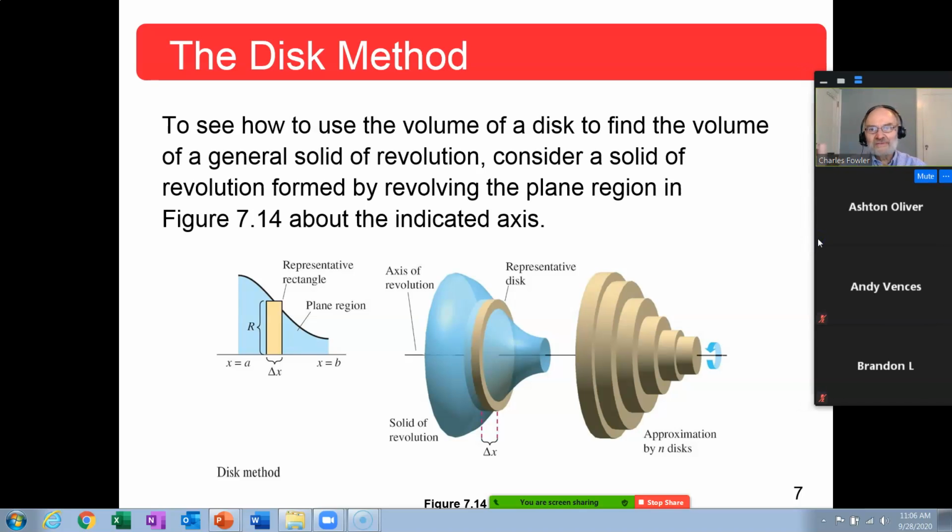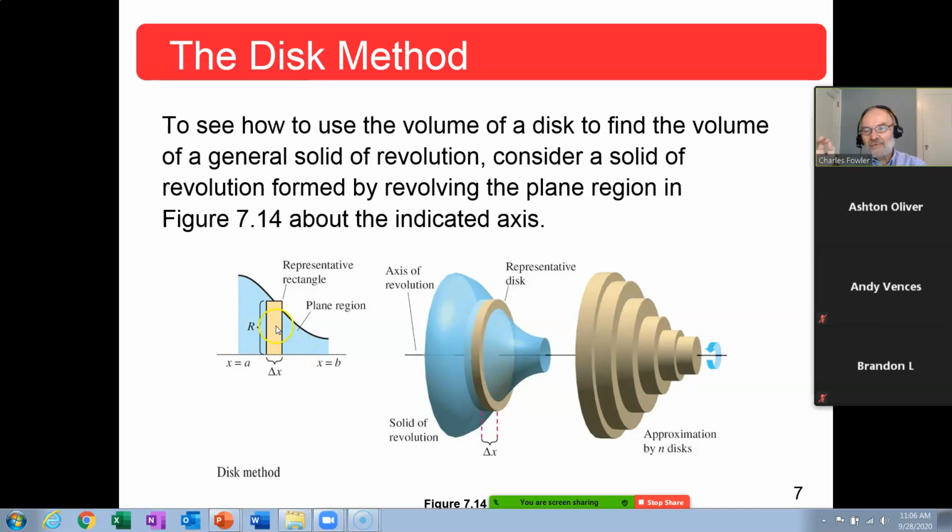Okay, so to see how to use the volume of a disk to find the volume of a general solid of revolution, consider the solid of revolution formed by revolving this plane region. Let's call this y equals f of x, this curve right here, around this axis down here.